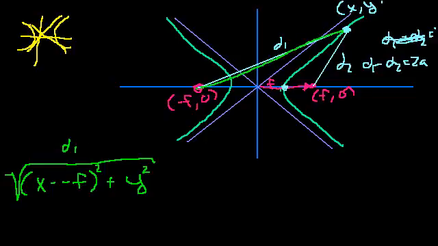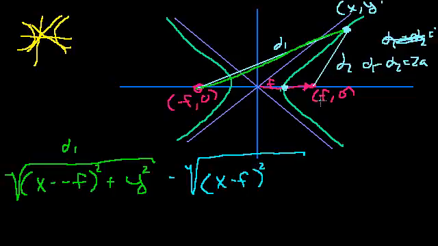And we want to subtract from that d2, right? The difference of the distances, and in this case d1 is definitely bigger than d2. You could take the absolute value if you didn't want to worry about that. And so here we get the square root of x plus f, squared, plus y squared.